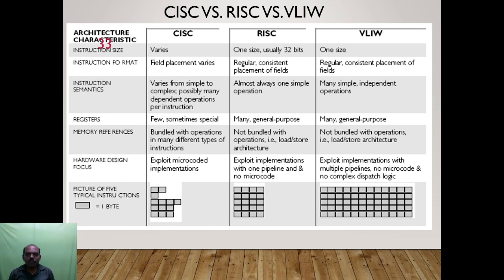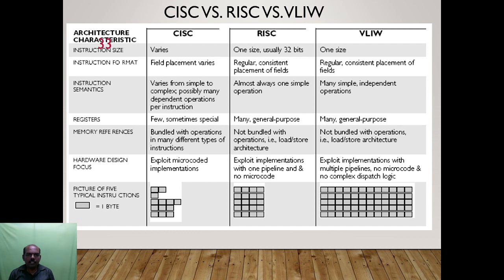VLIW instruction format is regular, consistent placement of fields. In CISC, instruction semantics varies from simple to complex, possibly many dependent operations per instruction. In RISC, almost always one simple operation. In VLIW, many simple independent operations.